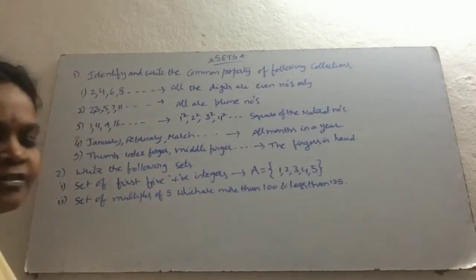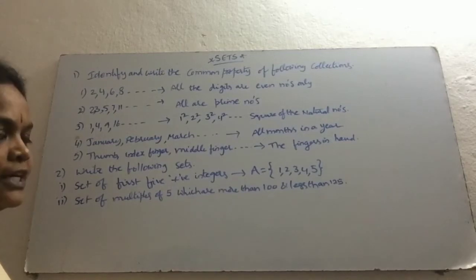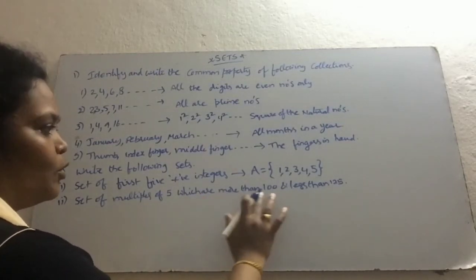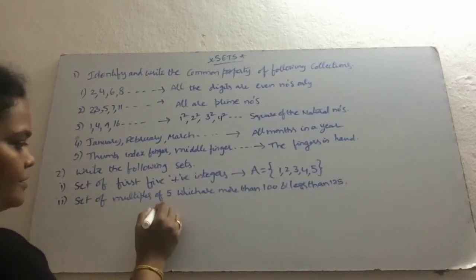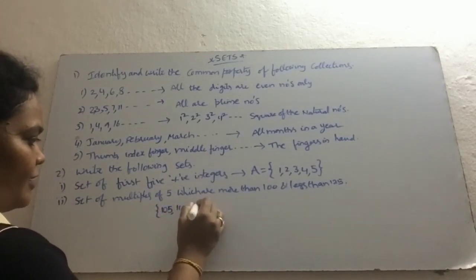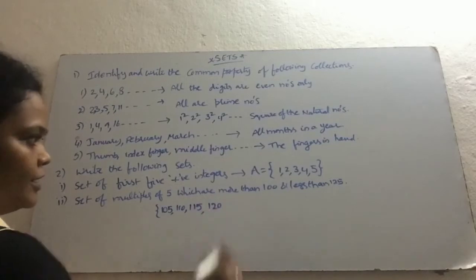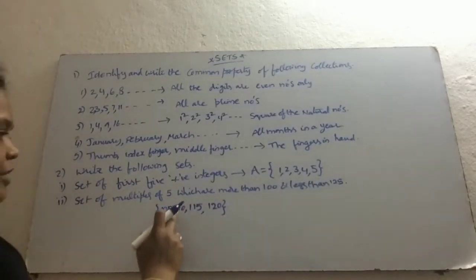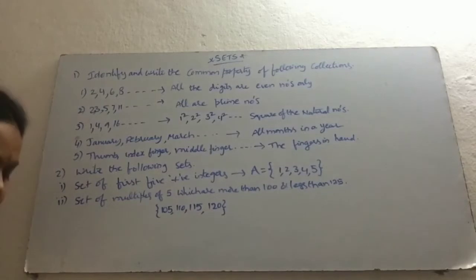What are the multiples of 5? 5, 10, 15, 20. But they give more than 100. That means 105, 110, 115, 120, and less than 125. So that means 105, 110, 115 and 120.